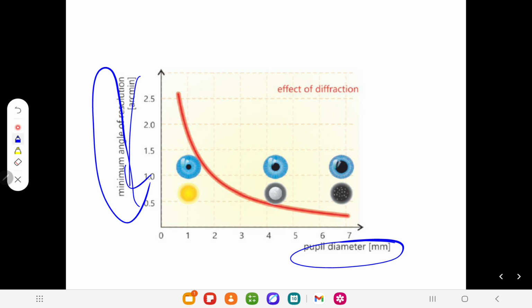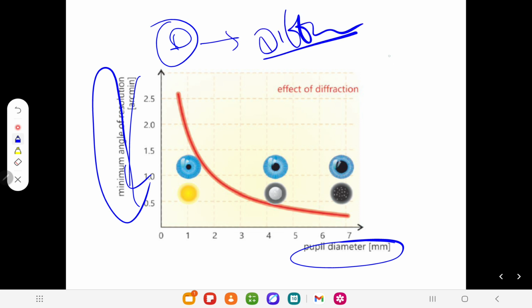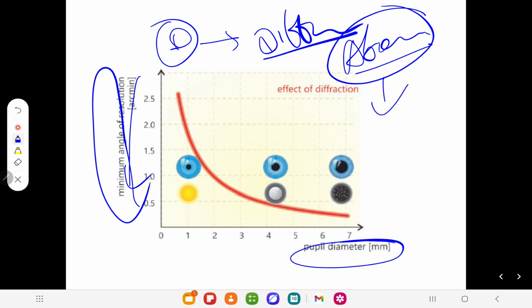But we have to think another way. It's not just one variable, the diameter of pupil and the diffraction. There are other variables too, for example aberration. And in case of aberration, as the diameter of the pupil increases, aberration increases, and as aberration increases, visual acuity decreases. That's why it's a sweet balance between the two and many other factors, isn't it? Like the density of cones and the spacing of the cones.